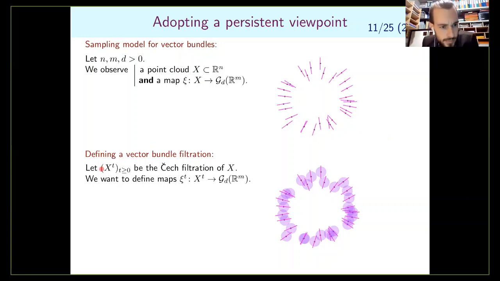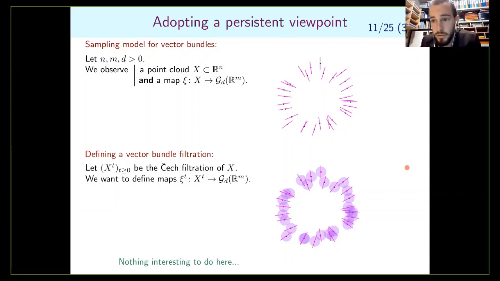So let X_t be the Čech filtration of X, the collection of all the thickenings of X in R^n. I would like to define extended maps, Xi_t, that will go from X_t to the Grassmannian, and that will give the thickenings a vector bundle structure. Unfortunately, I didn't find any interesting way to define these extended maps. You could try to take a point of the thickening of X and project it on X, but this is not really well behaved.